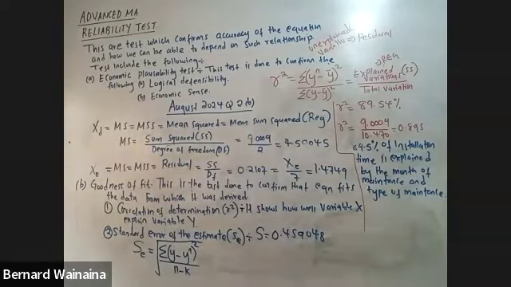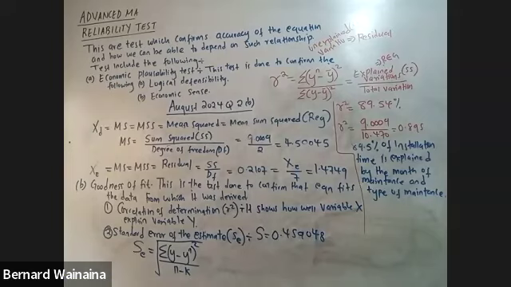Now, what is n and what is k? Sample size. n is the total number of observations. Then k is the number of calculated variables.